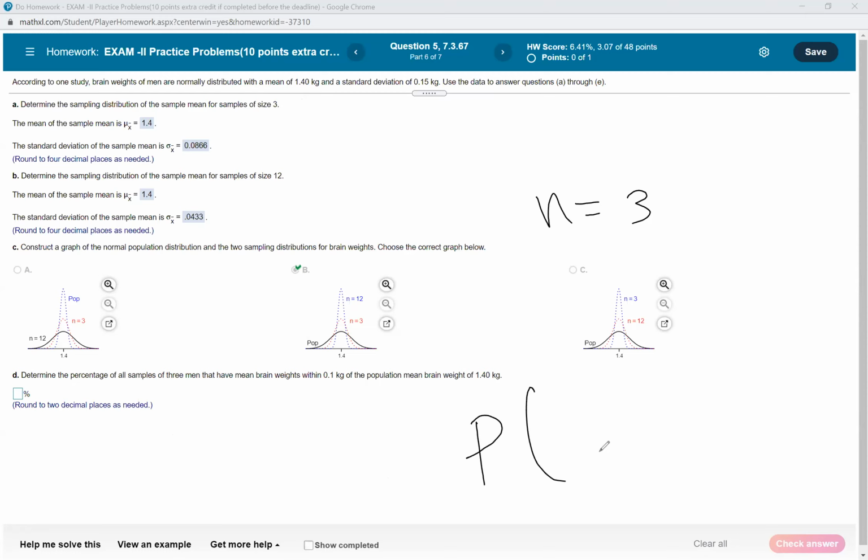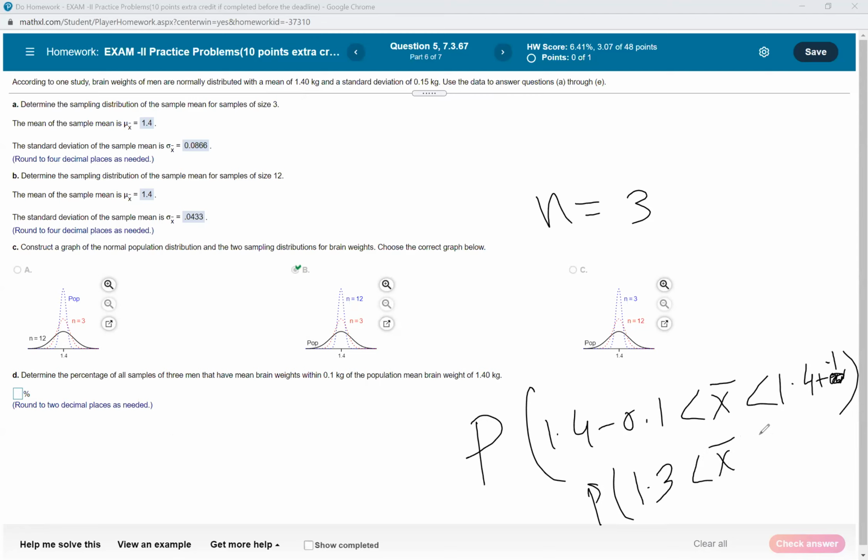We have to find the probability of 1.4 minus 0.1 less than x bar less than 1.4 plus 0.1. So we need to find the probability 1.4 minus 0.1, which is 1.3, less than x bar less than 1.5. So we have to calculate this probability.